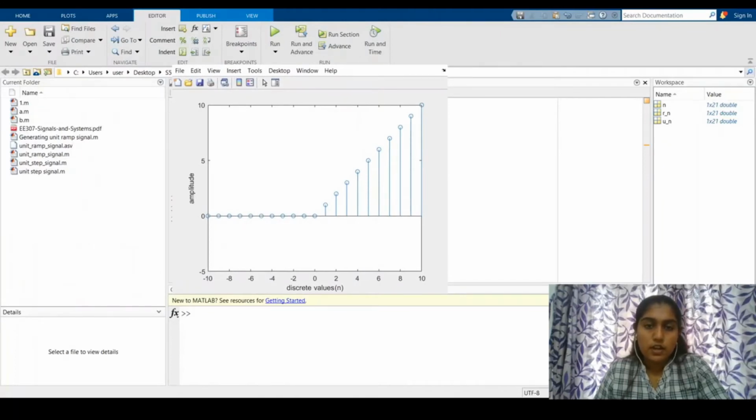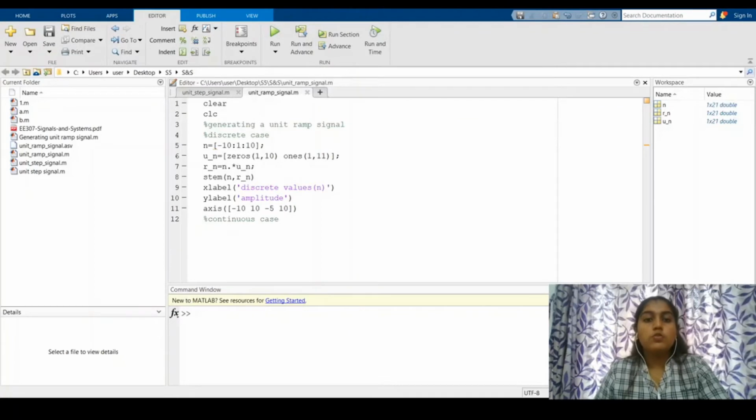Here you have the x label as discrete values n, and here you have the y label as amplitude, and then the axis also is defined from -10 to 10 in the x-axis and -5 to 10 in the y-axis. So that's with generating the discrete unit ramp signal. Now I'll just close this window. Now we can move on to the rest.